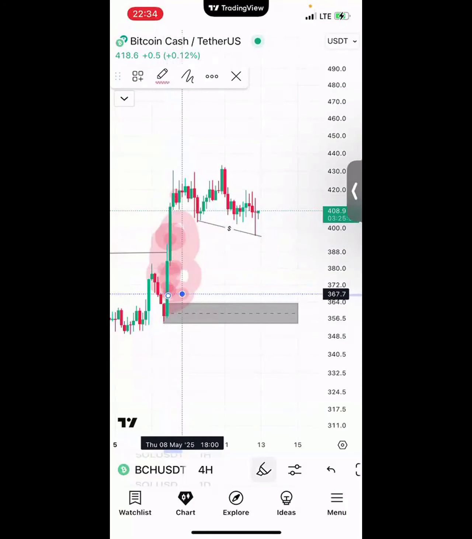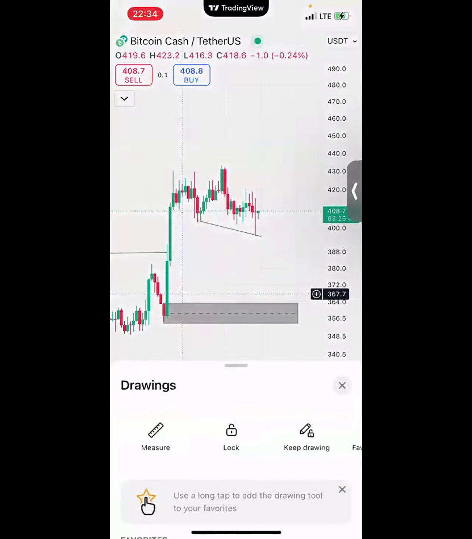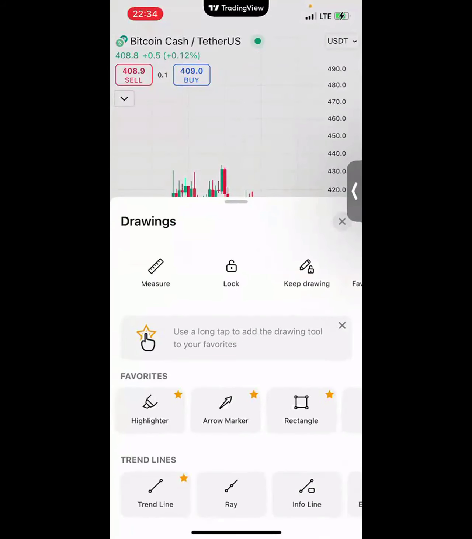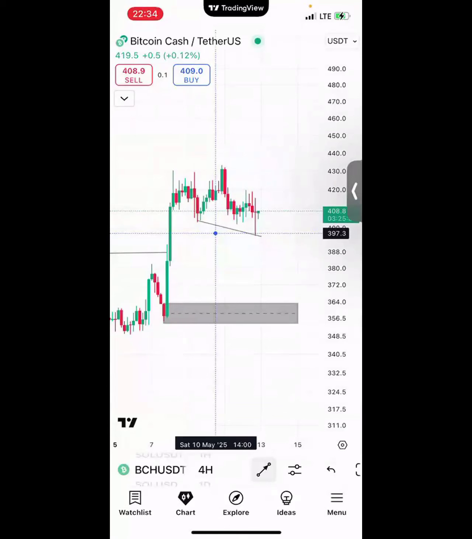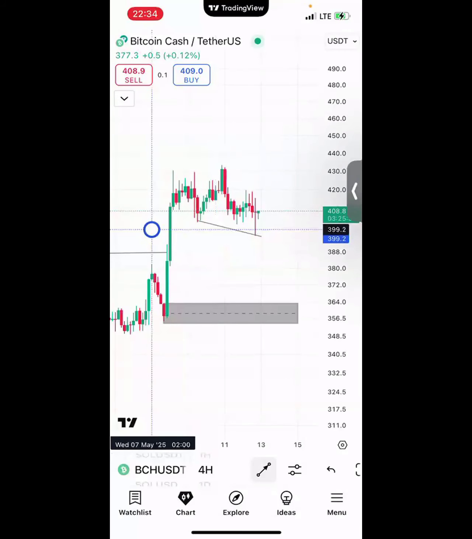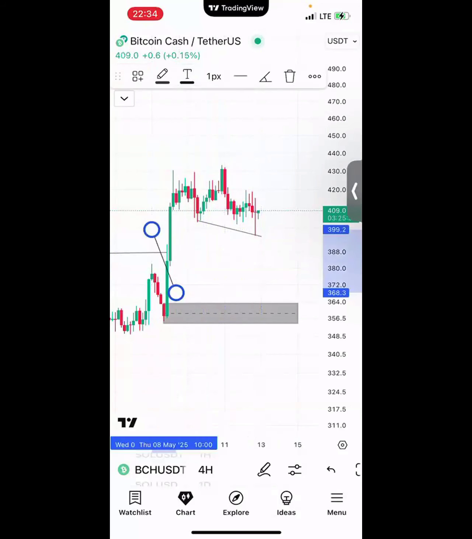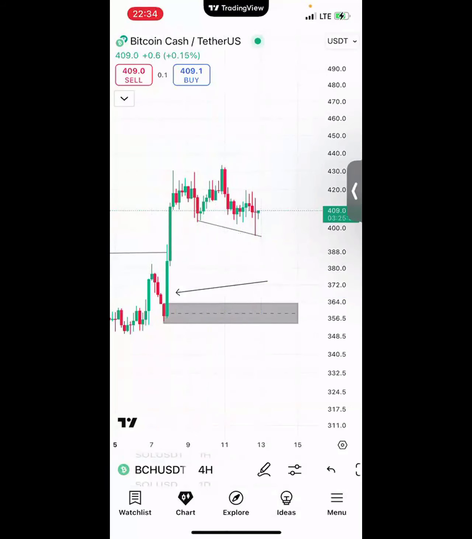So now it's very clear that we have our, so if I take my arrow, I'll just point it here and I'll show us like this.